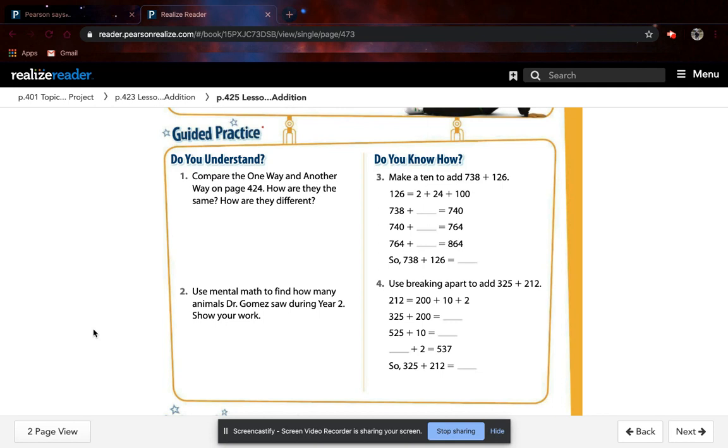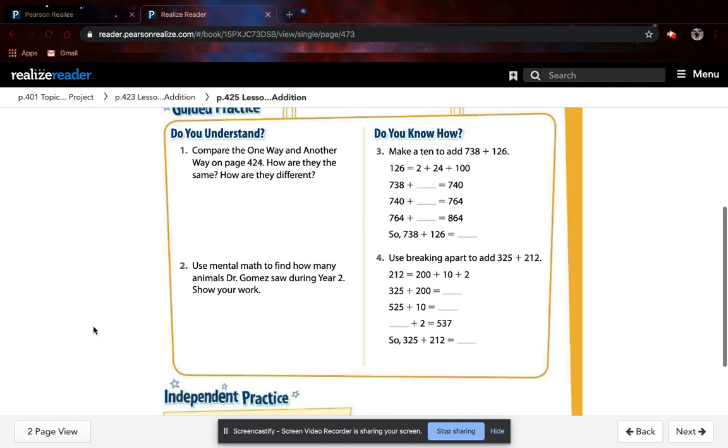In one way, they're only breaking apart one number. They're only breaking apart one of the numbers. In another way, they are breaking apart 2 numbers. They are breaking apart both of the numbers. You can pause it if you have to write that down, okay?